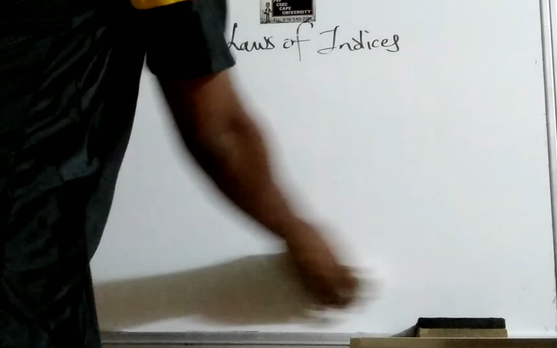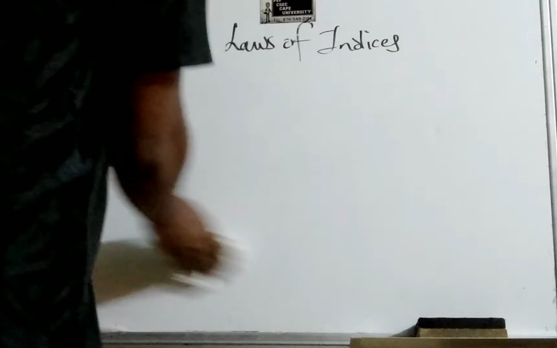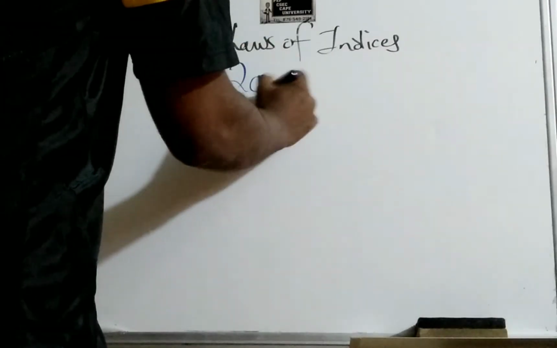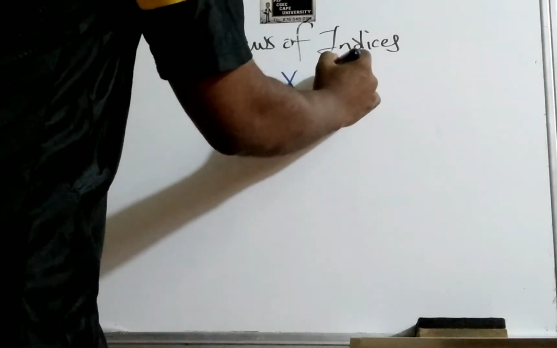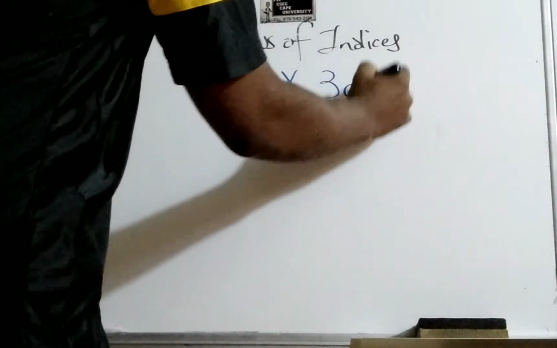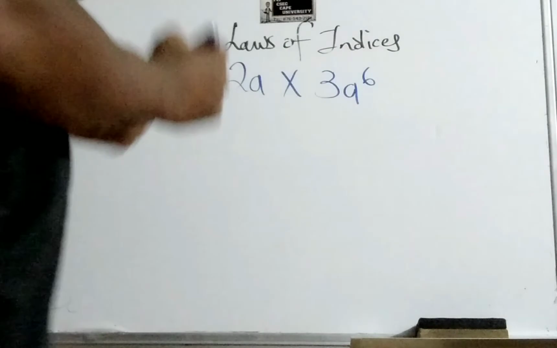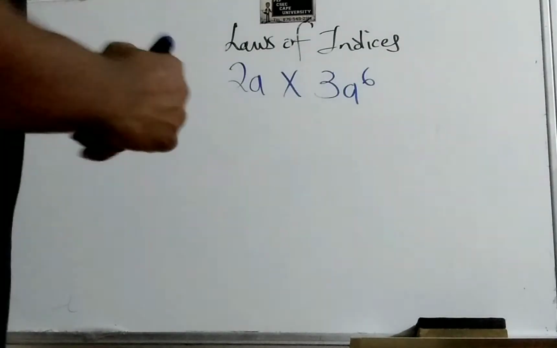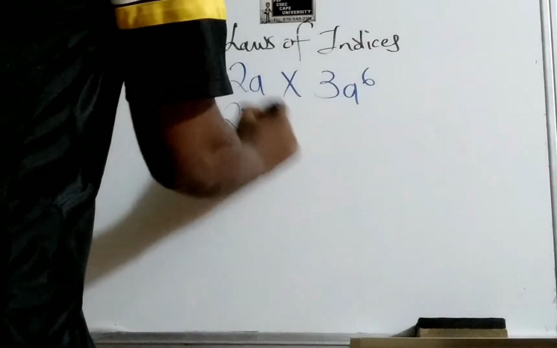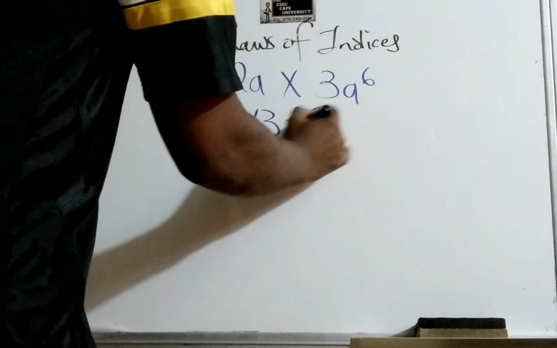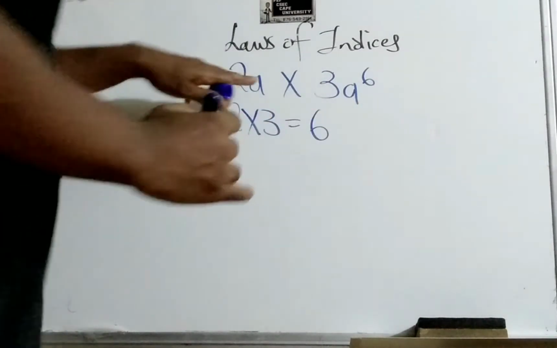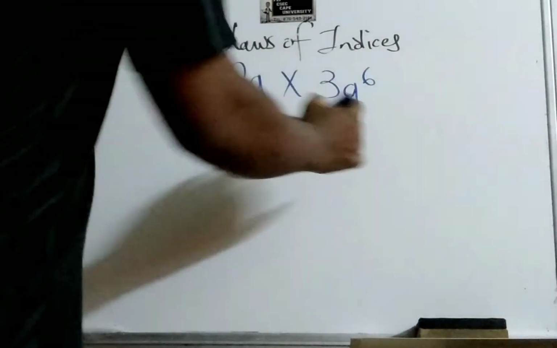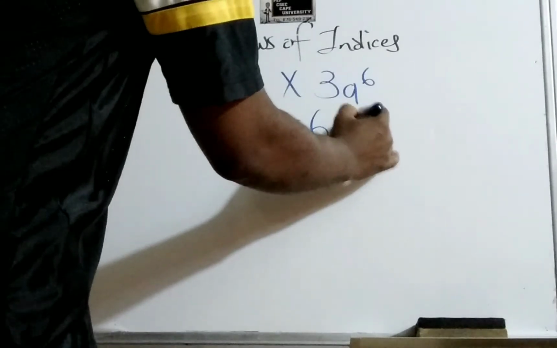What if there are whole numbers involved? Let's say we have 2a times 3a raised to the 6th power. Now we multiply the whole numbers as usual, so it will be 2 times 3 is equal to 6, and then we treat the base, because the base is the same, you can apply the rule.